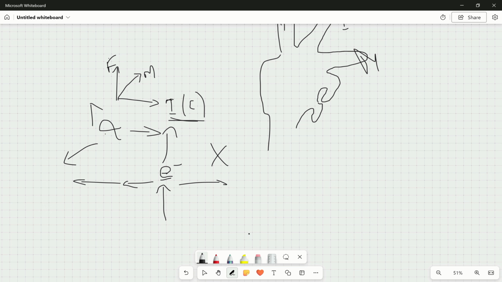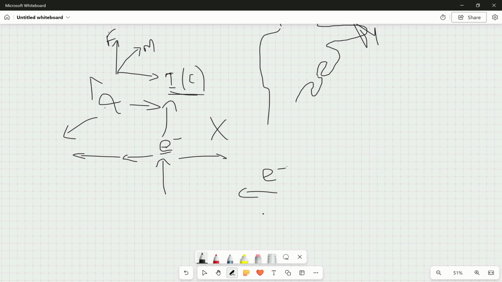What we have to do is, if the electron is flowing that way, then the current is the other way, just the opposite. So we have to place our middle finger, that is I, opposite to the electron.